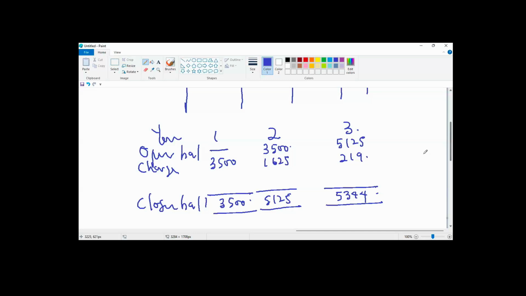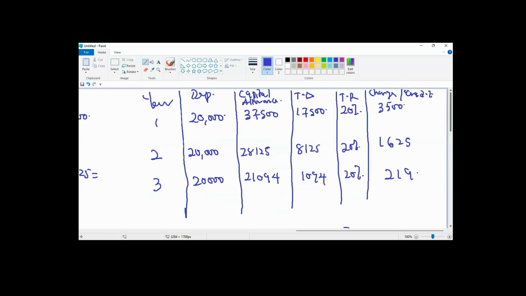Now, if the questioner gives me depreciation and capital allowance, and asks for the same requirements, we are modifying the same question now. It gives me depreciation on a yearly basis of 20,000, and the capital allowance charged for the whole 3 years. He will ask me to calculate the one that will go to the statement of financial position, deferred tax as asset or liability, and the one that will go to the POL, which can be charge or credit.